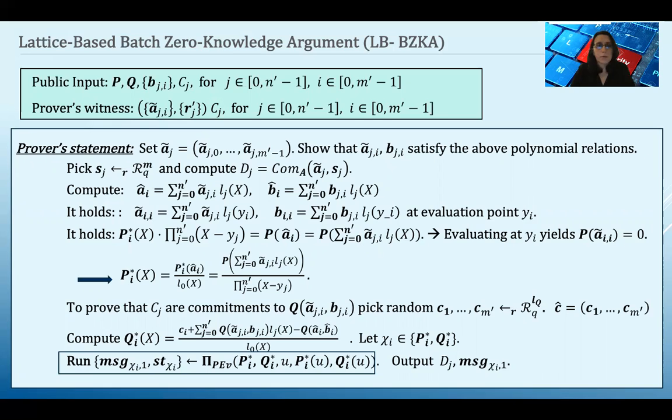So the prover basically sets AJ to be a vector from AJ0 to AJM prime minus 1. And the prover needs to show that the vector AJI tilde, the masked vector, and BJI satisfy the above polynomial relations defined in the two relations.